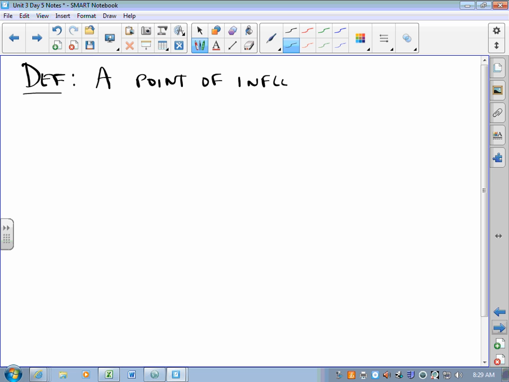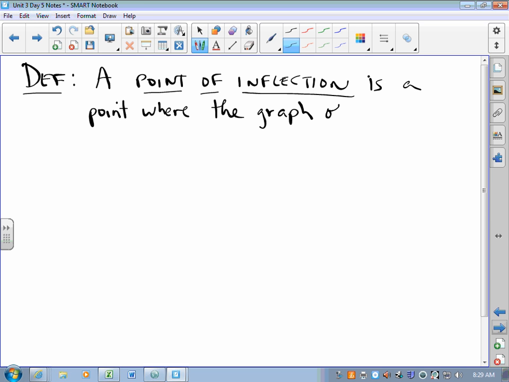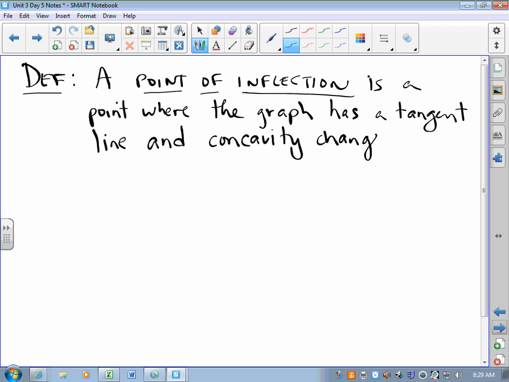A point of inflection is a point where the graph has a tangent line and concavity changes. You have to be able to draw a tangent line at a point of inflection, and concavity has to change.